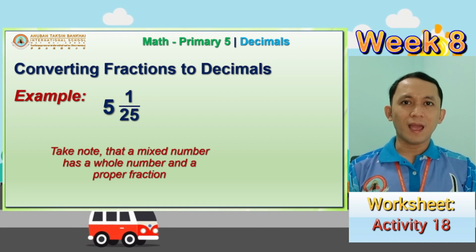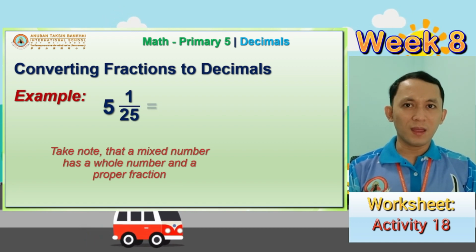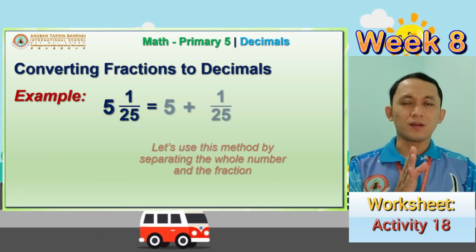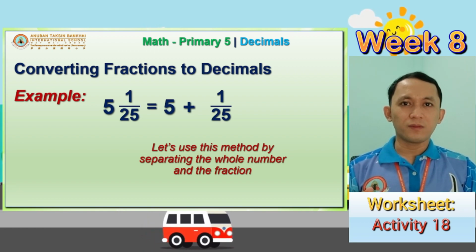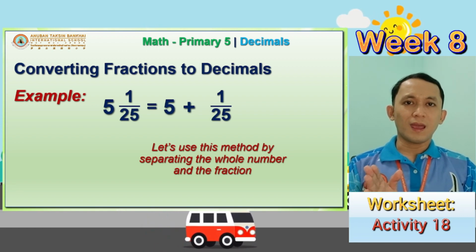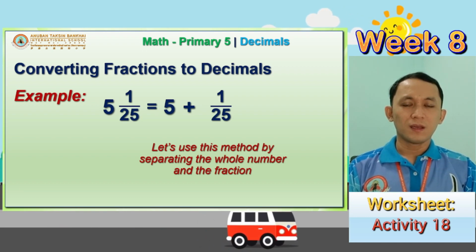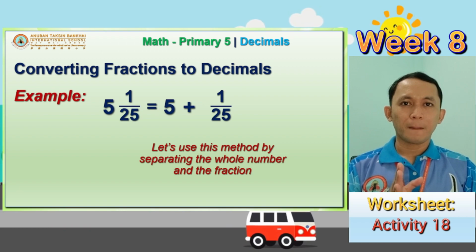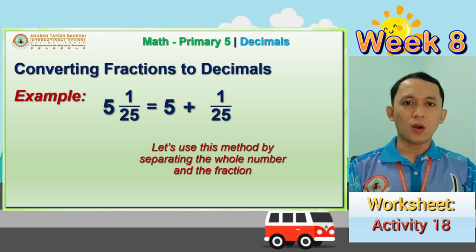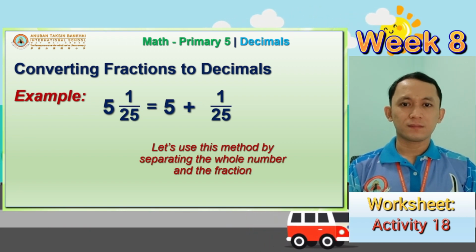Now, we can use this method by separating 5, the whole number, and the fraction, which is 1 over 25. So that would be 5 plus 1 over 25.